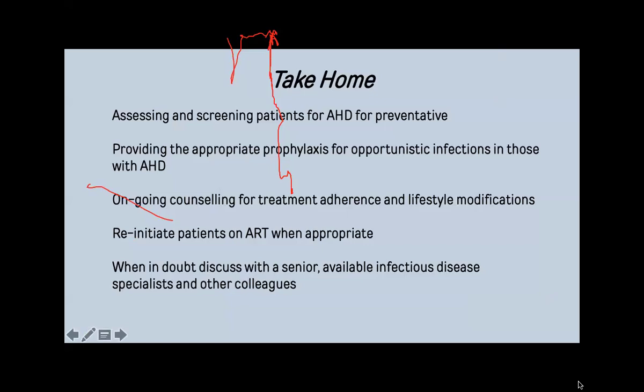And in all these conditions, once the CNS pathology has been treated, patients need to be reinitiated on the ARVs when it is appropriate. It ranges in some conditions from 2 weeks to 4 weeks. And then when in doubt, discuss with a senior available infectious disease specialist and other colleagues.